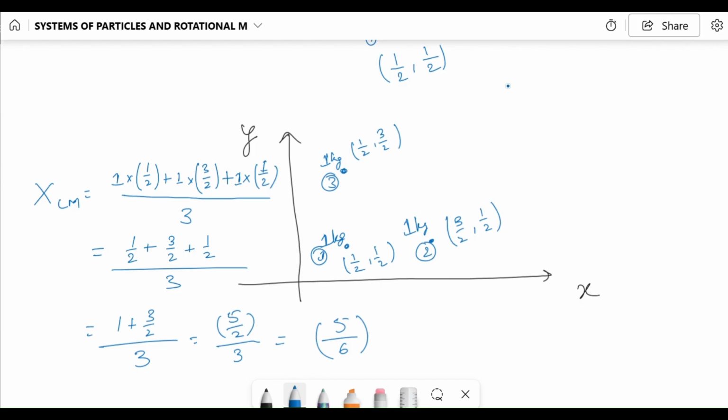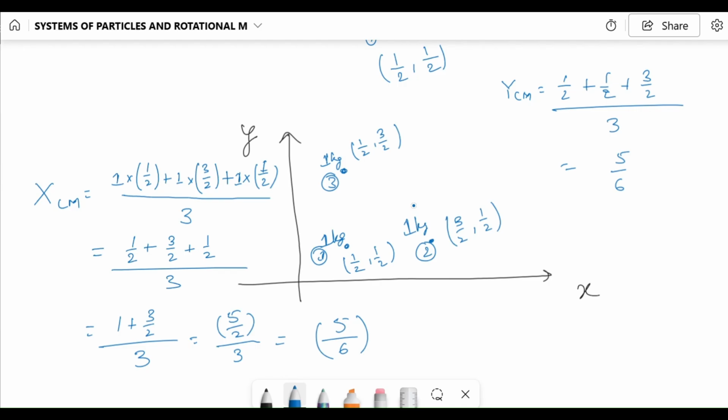Now what about the y coordinate? So y cm equals, look, I'm not writing 1 and 1 and 1 again. So I'm writing directly m1 into y1, which is 1 by 2, plus m2 into y2, which is 1 by 2, plus m3 into y3, which is 3 by 2, and the whole divided by 3. And look, this is again the same thing. So y cm is also 5 by 6.